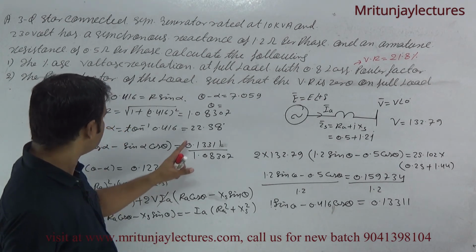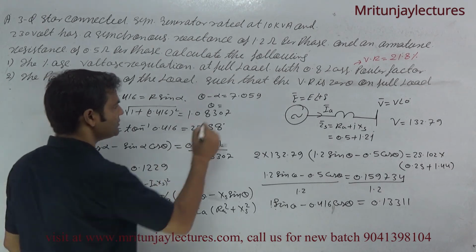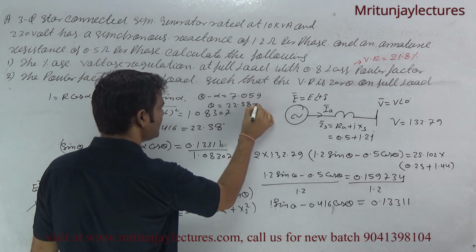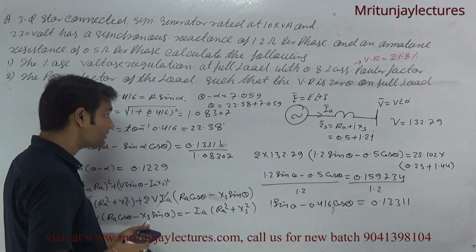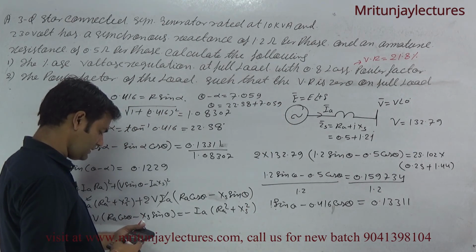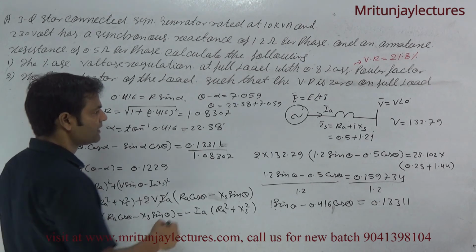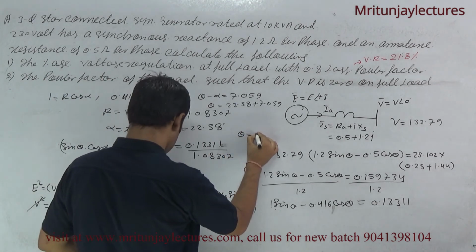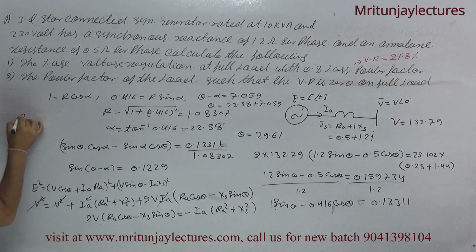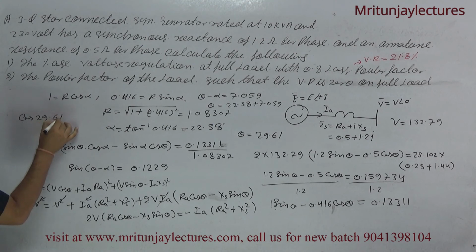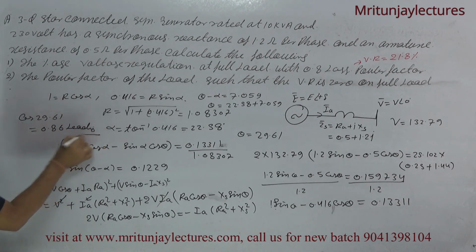I have already got alpha as 22.58. So 22.58 plus 7.059 is 29.61. So we got theta equal to 29.61. So what about cos theta? Cos 29.61 is 0.86 leading. This is the final answer.